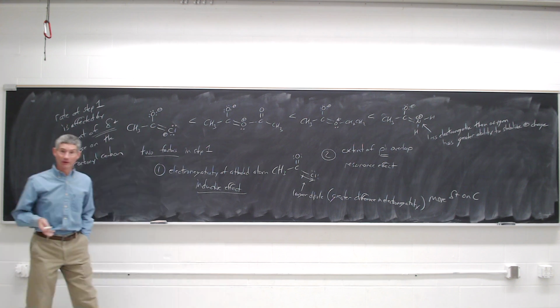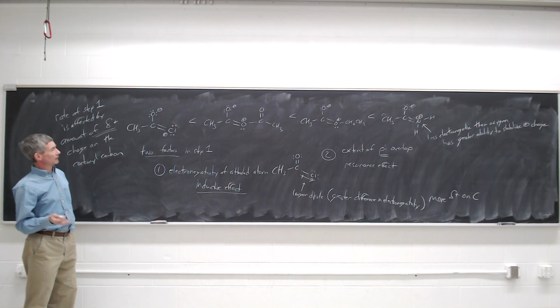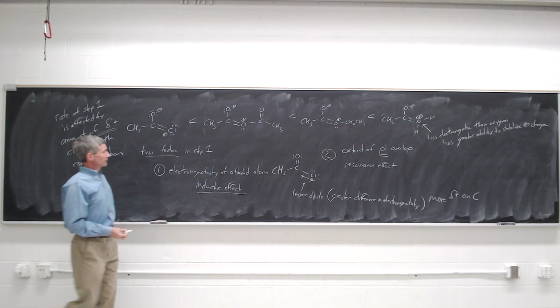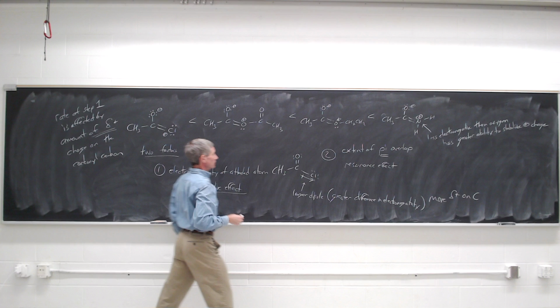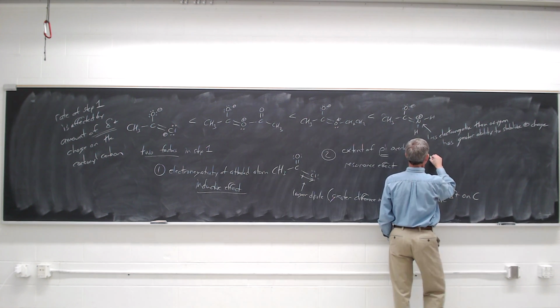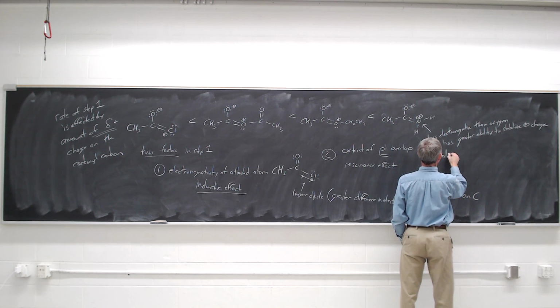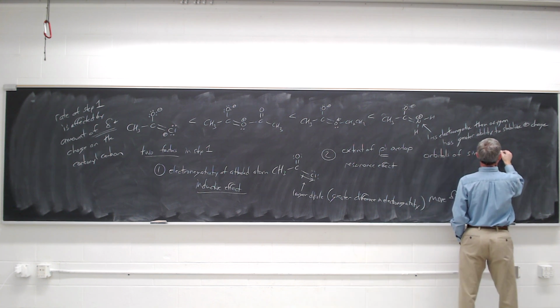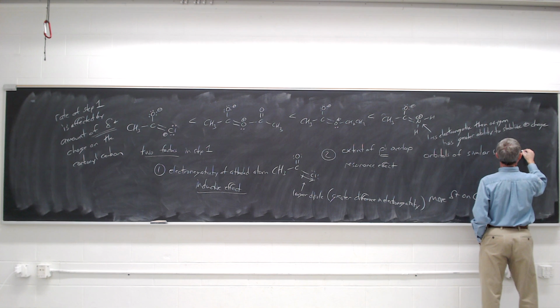Because when you're talking about resonance effect, it's always pi electrons interchanging with lone pairs. And orbitals of similar size overlap better.